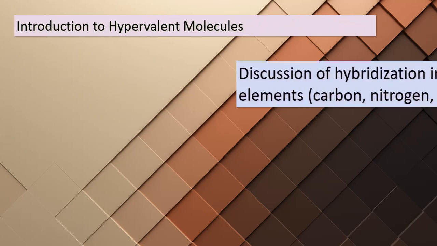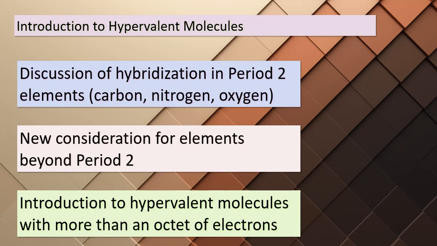Good day, students. Today's topic takes us beyond our previous discussions on hybridization and introduces a fascinating concept known as hypervalent molecules. Up until now, we've primarily focused on period 2 elements like carbon, nitrogen, and oxygen when discussing hybridization. However, when we move to elements in period 3 and beyond, things get a bit more intricate.